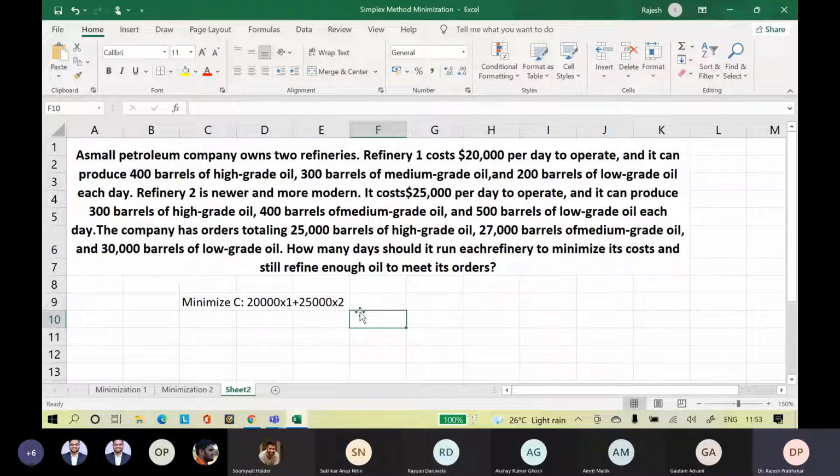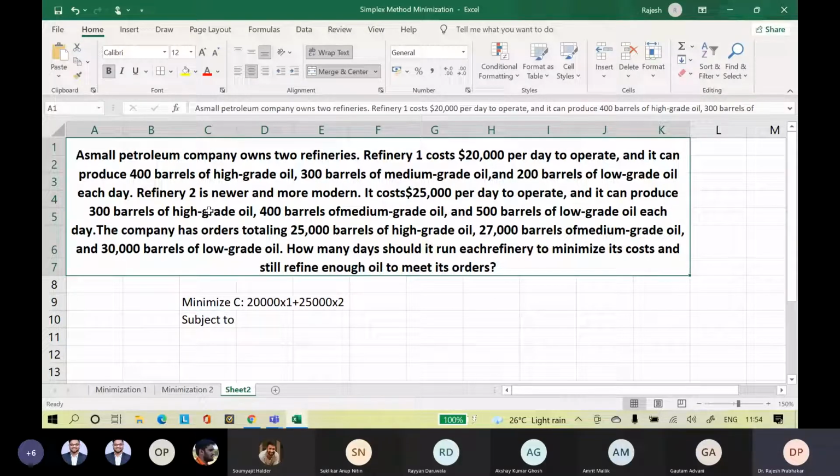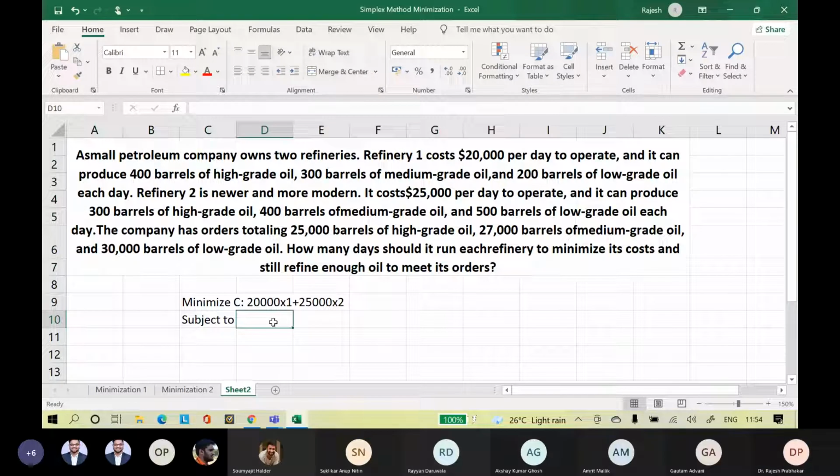now we have to separate the grades. There are three grades of oil, so we have three types of oil constraints. High grade is 400 and 300, right? So 400 x1 plus 300 x2 greater than or equal to the barrels. How many barrels do we have? 25,000 barrels, 27,000 barrels, and 30,000 barrels. So 25,000 is high grade.